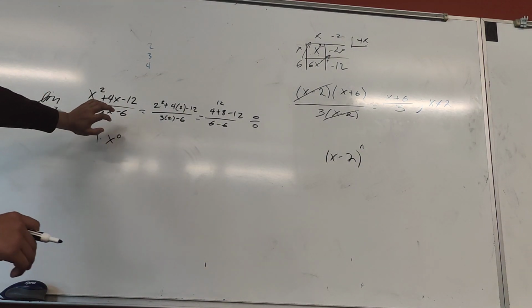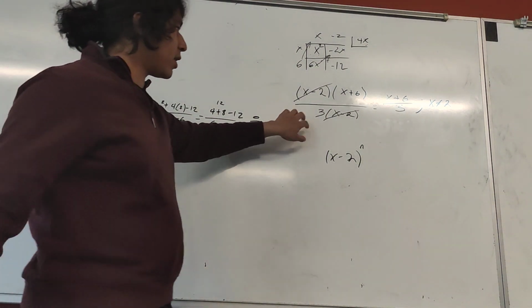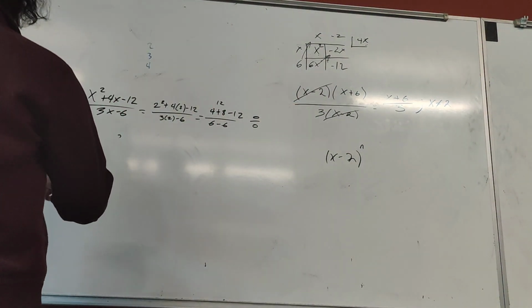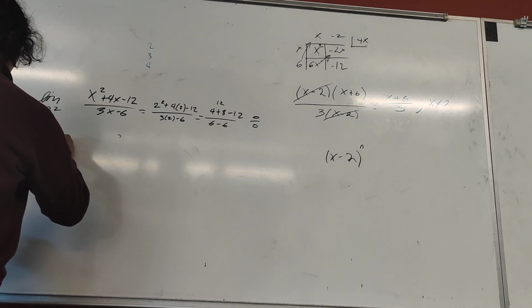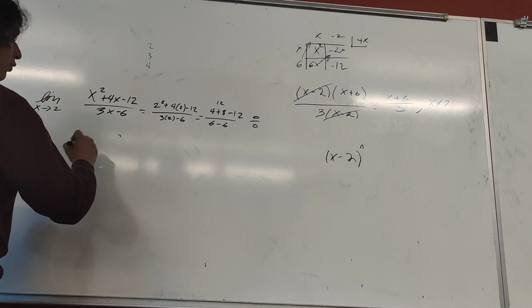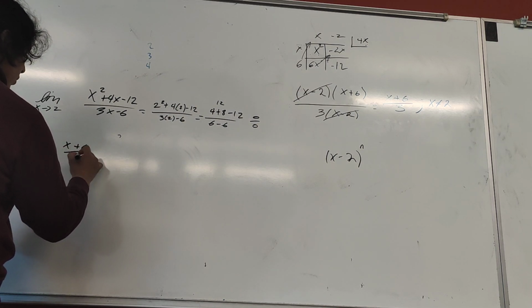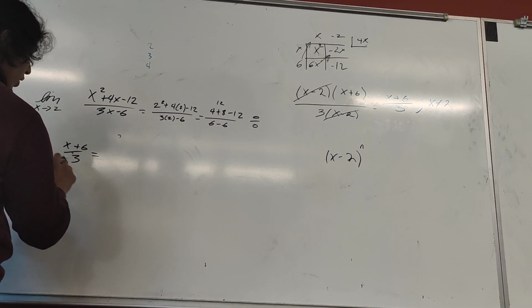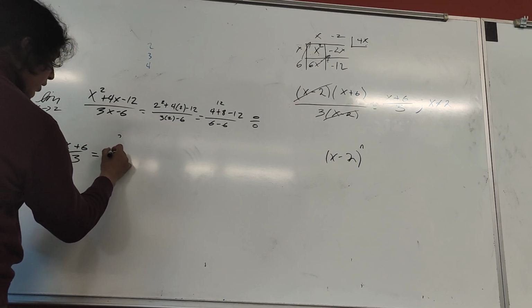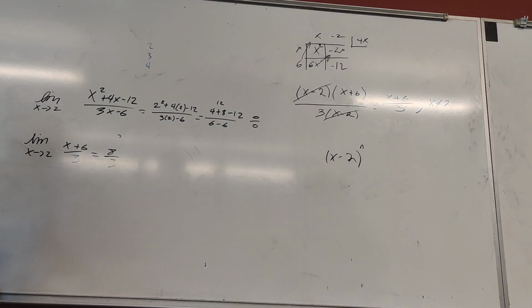But since we already simplified and did all the math here, we can actually find the limit as x approaches 2 of this function, x plus 6 over 3, which if we substitute 2, we'll get 8 over 3 as our limit for that function.